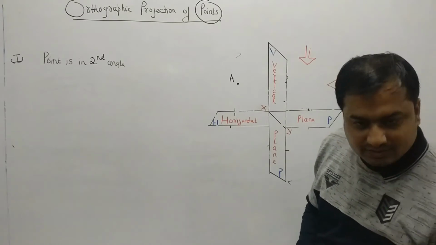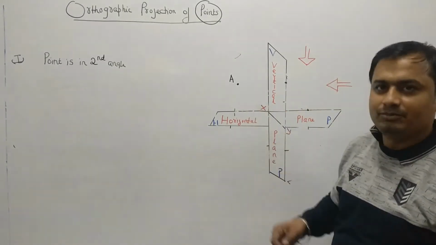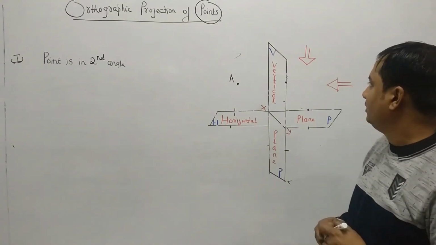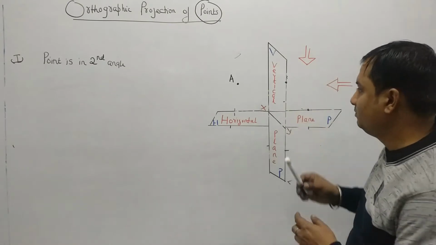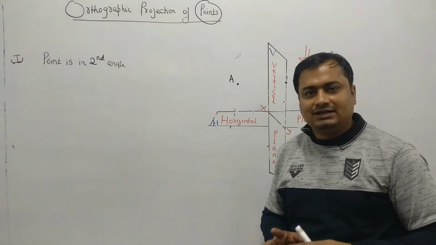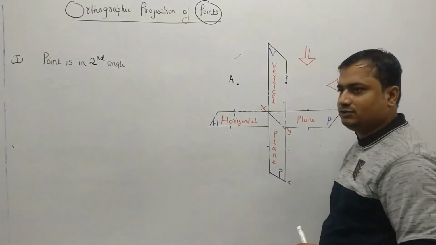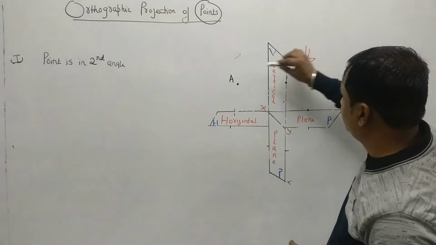Now again, the basic three requirements. I am going to fulfill the three requirements again. The first is the point, this is my point, capital A. Observer: the observer from the front. If I assume that these planes are transparent, I don't think it is required to shift this observer from here to here.